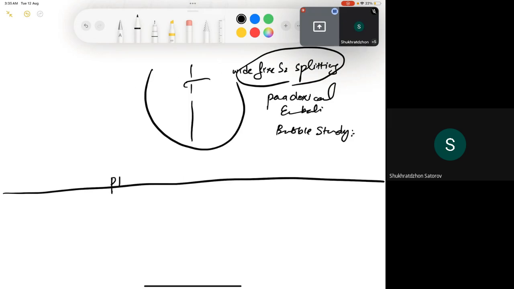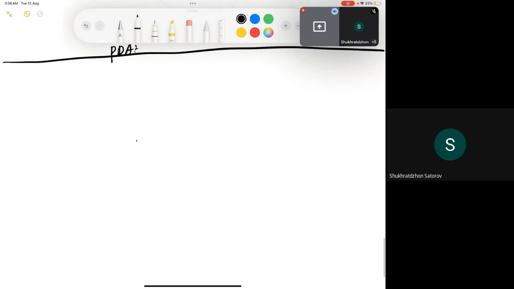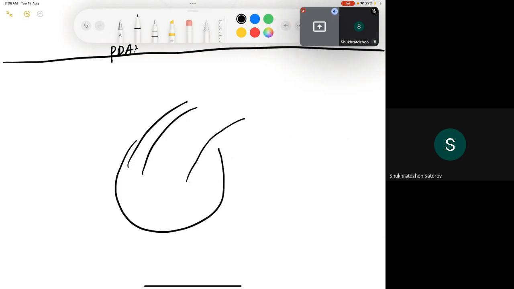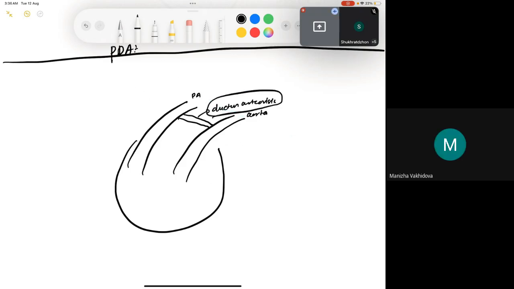Then we have patent ductus arteriosus, which we also discussed in big detail, right? So, for example, if this is your heart, this is your aorta, your pulmonary artery, and we have something called the ductus arteriosus.